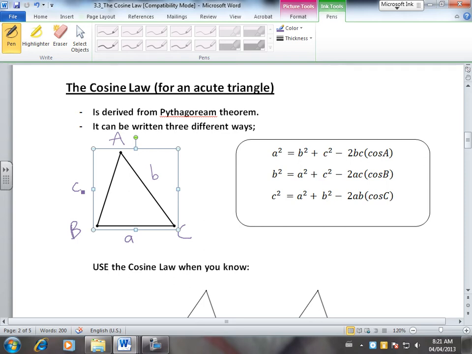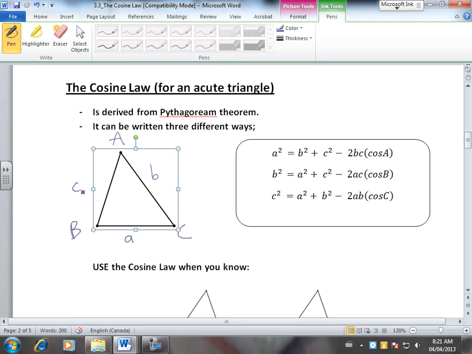So you can write it for each side. So no matter what side you need to find, you can write cosine law. And again, these are provided for you on your data booklet. So don't memorize it, but do be familiar with it so that it's not a surprise or a shock when you have to use it on a quiz or a test.